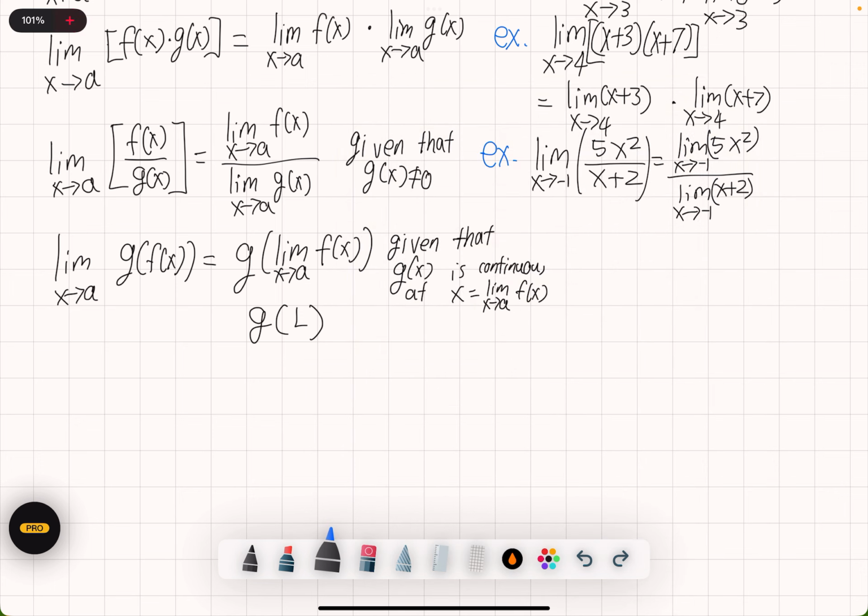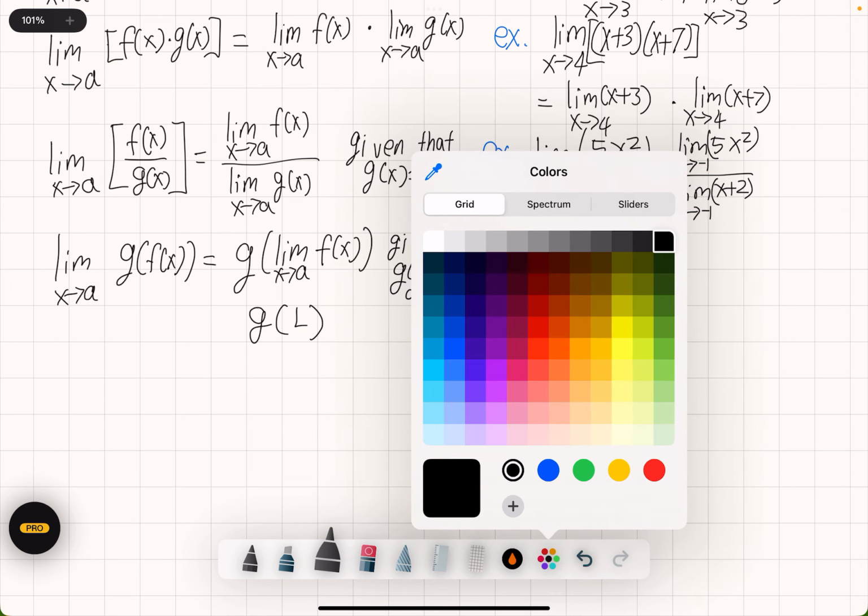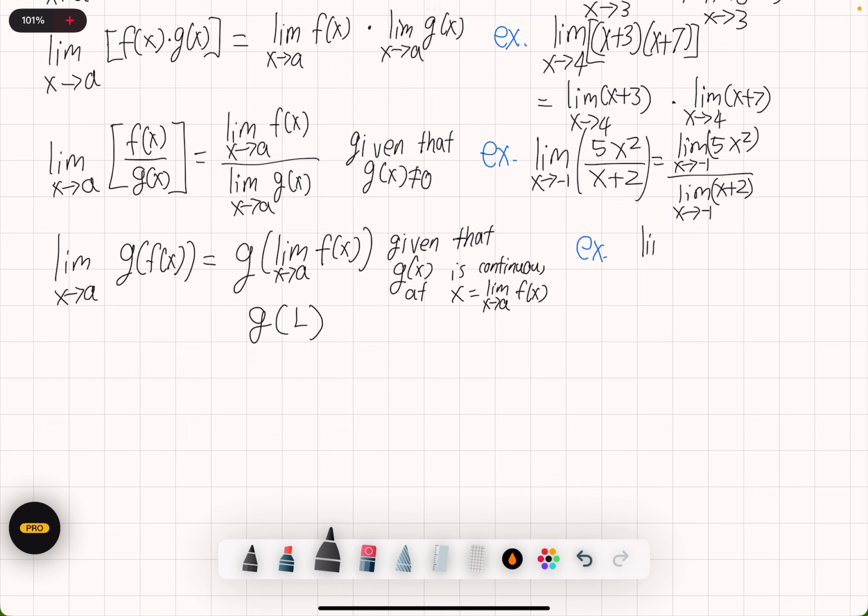So an example here would be the limit as x approaches 5/3 of 4 times x plus 3 squared would be equal to 4 times the limit of x plus 3 as x approaches 5/3, squared.